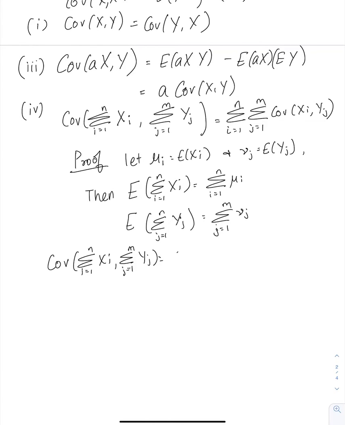This is, by definition, the expected value of the sum of i equals 1 to n of xi's minus the sum of i equals 1 to n of mu i's, times, actually, let me write it smaller. Sorry.